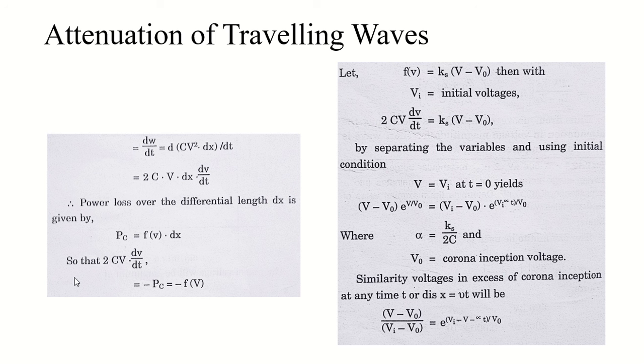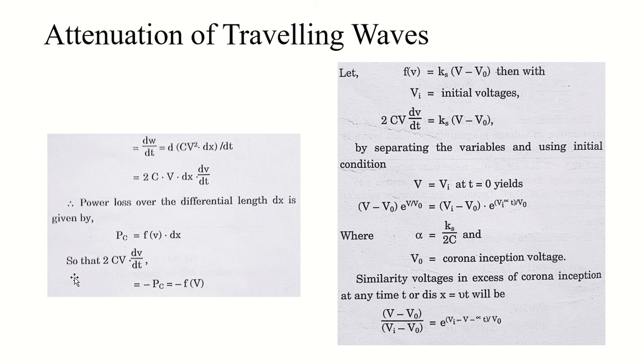Now we can also have a linear relationship. So what happens in the linear relationship? Then your f(V) will be equal to ks(V minus V0), and Vi will be your initial voltage. And here what you will do, you will take 2CV dV by dt equal to minus ks(V minus V0).